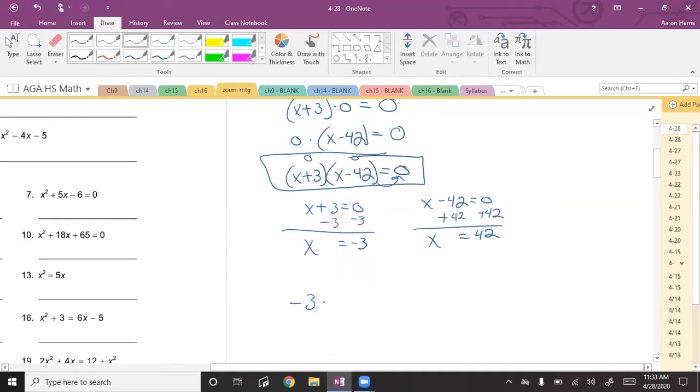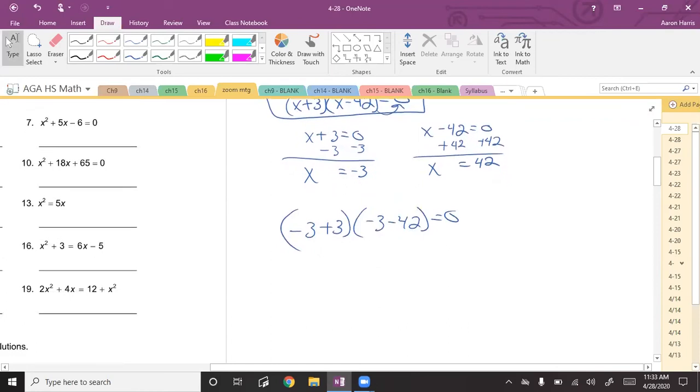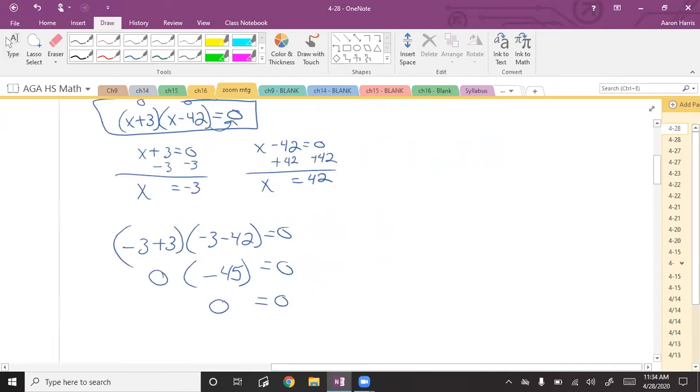Let's substitute it in. I got -3 + 3 times -3 - 42 equal to 0. Is that true? Well, -3 + 3 is 0. -3 - 42 is -45. 0 times -45 is still 0. So that checks.